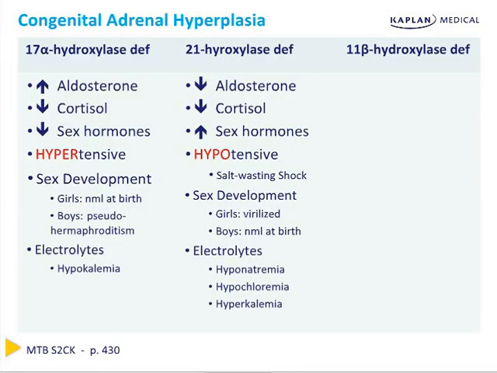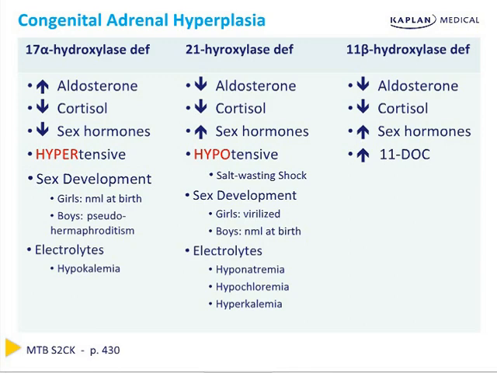So here we're going to complete our table so we can compare across the board between our three deficiencies. Now on the surface, 11-beta-hydroxylase deficiency looks a lot like 21-hydroxylase. Low aldosterone, low cortisol, and increased sex hormones. But the critical difference being the increase in the 11-DOC, which makes these kids hypertensive.